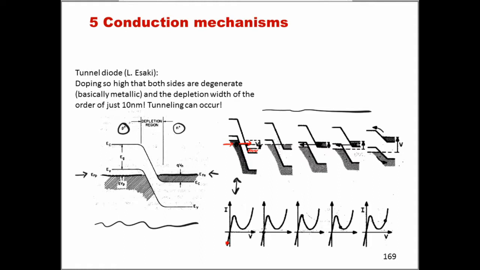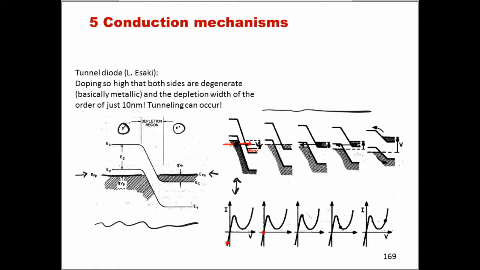Now, when we move to zero bias, we are in the equilibrium situation that we've seen previously. There are no available states, obviously, where electrons can tunnel to, and so there is no current.